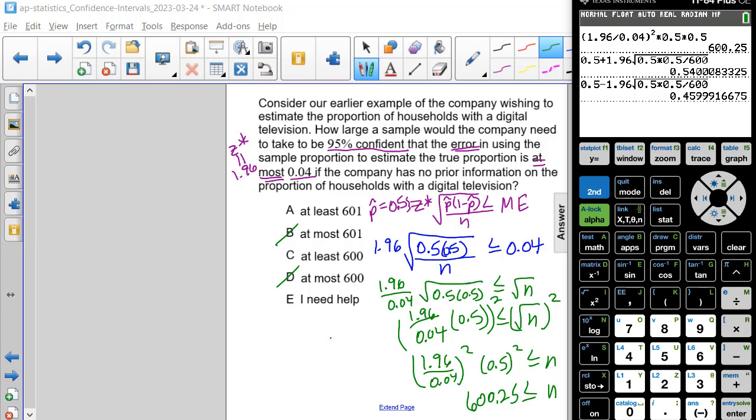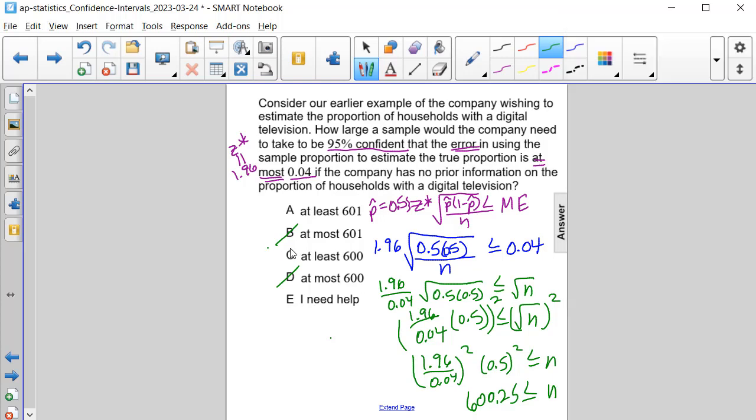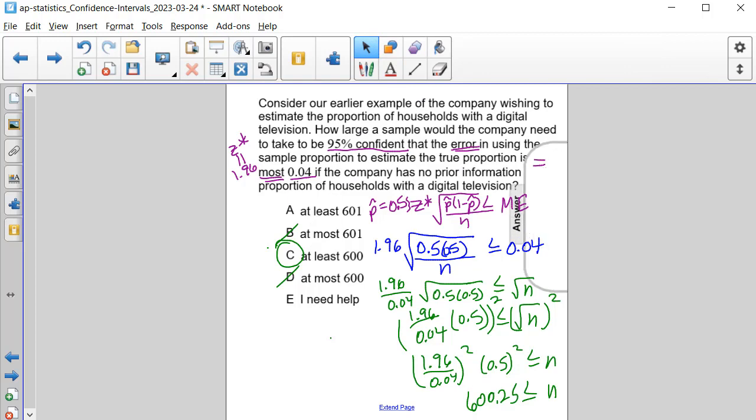So 600 would give us the required n value needed to get within 4% of our true proportion. The correct answer here is C, at least 600.